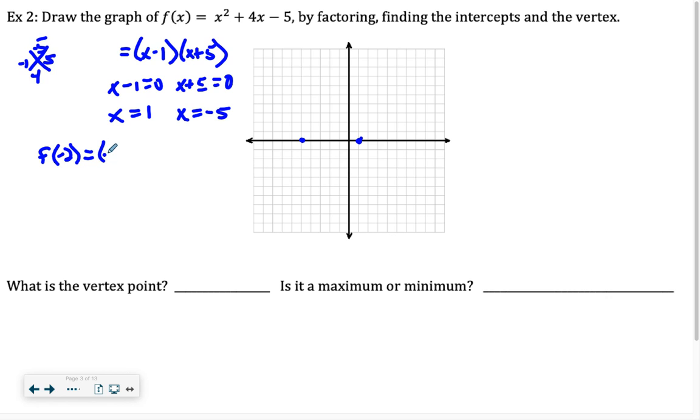So -2 squared plus 4 times -2 minus 5. So that'll be 4 minus 8 minus 5 would get me -9. So the vertex is the point -2, -9.